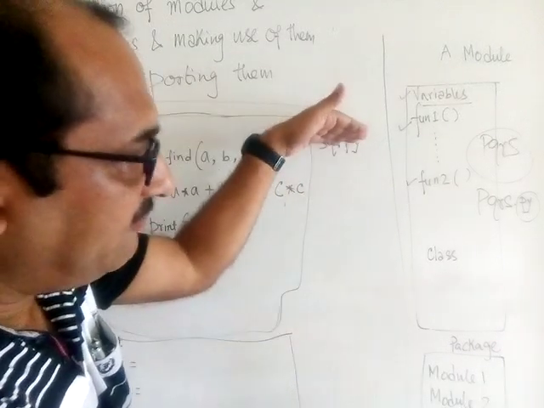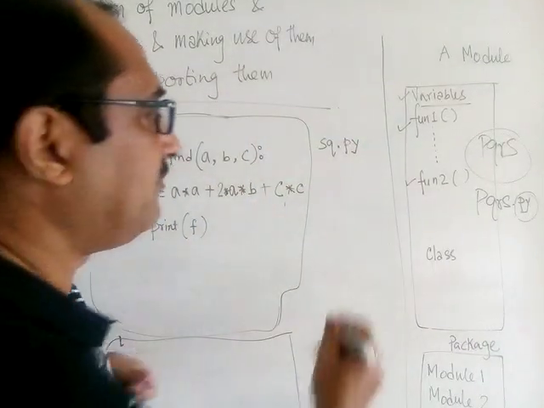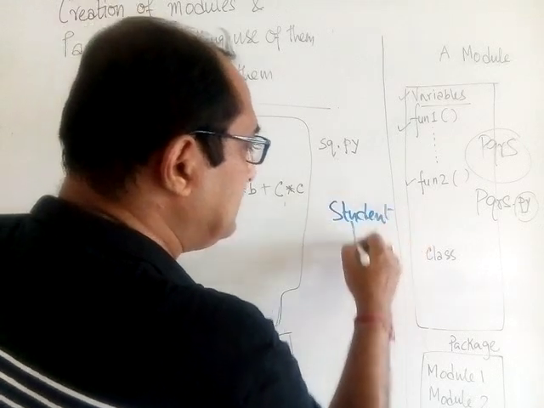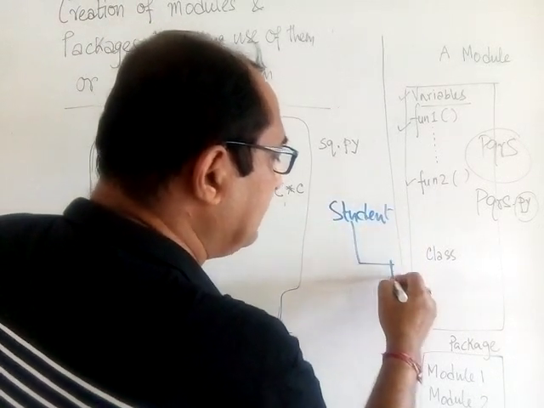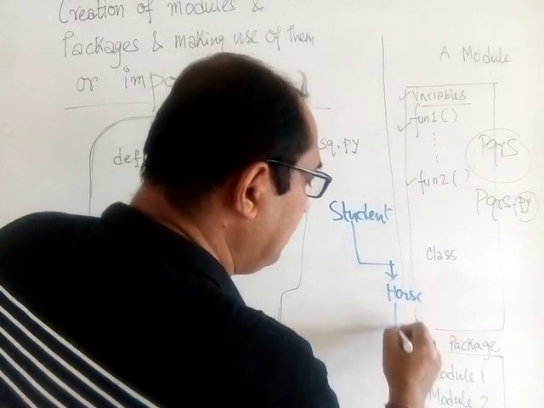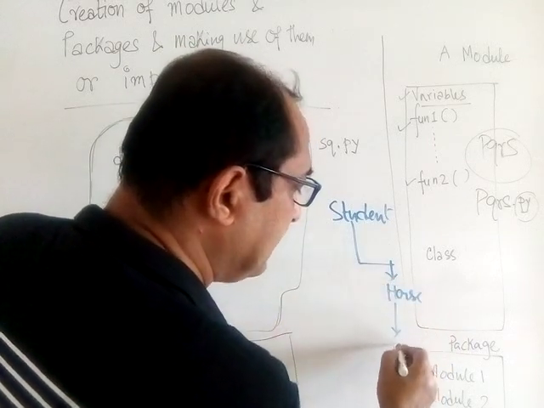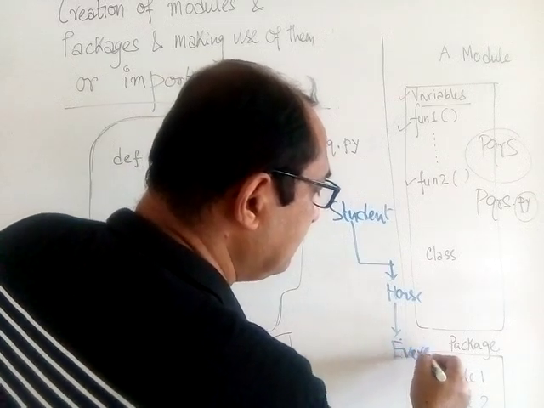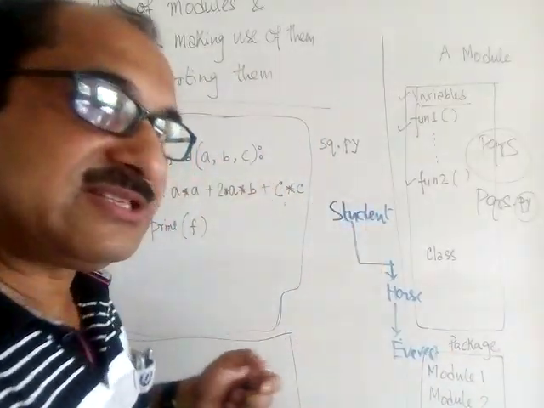Like I can have a main folder, say my main folder name is student. Under the student I can have another folder, say house. Maybe another folder under house I have, say Everest. So we can have a structure like this also.